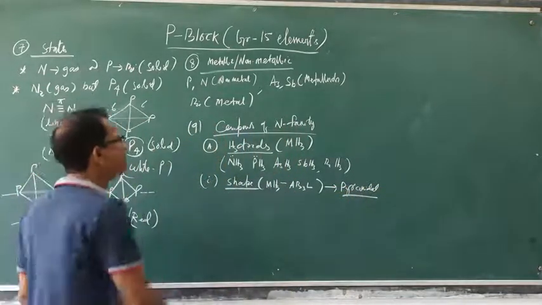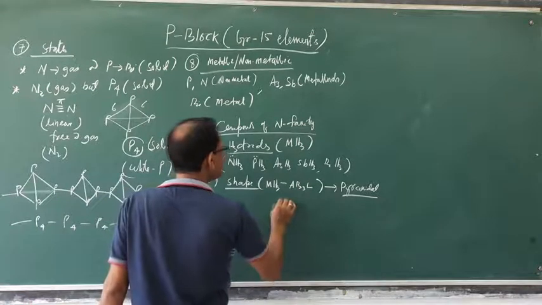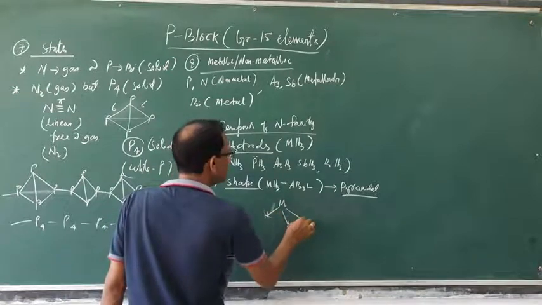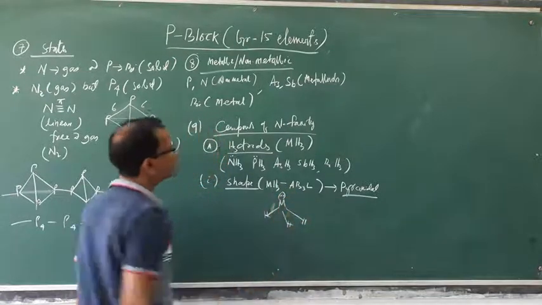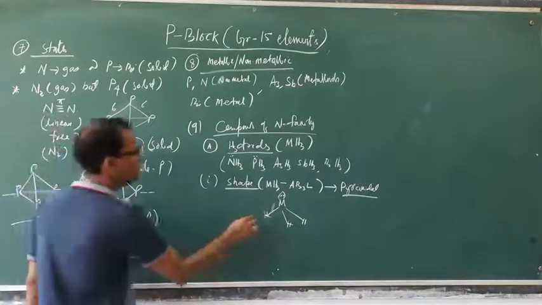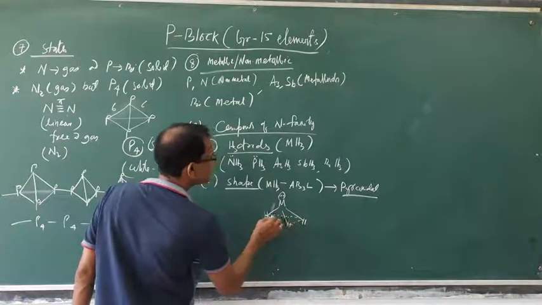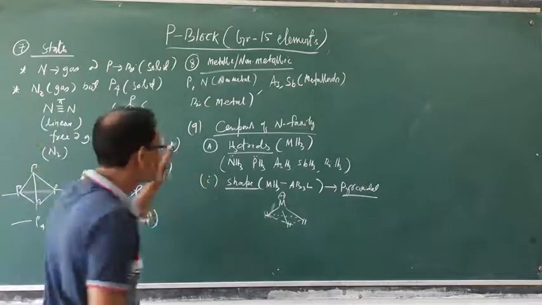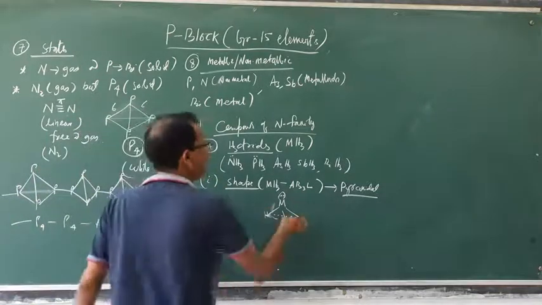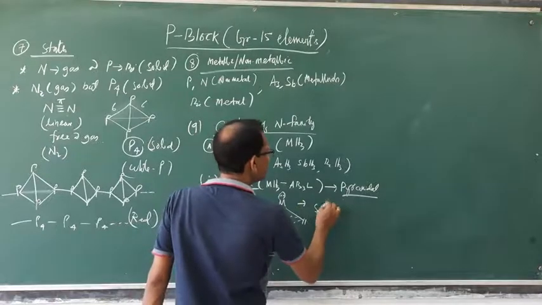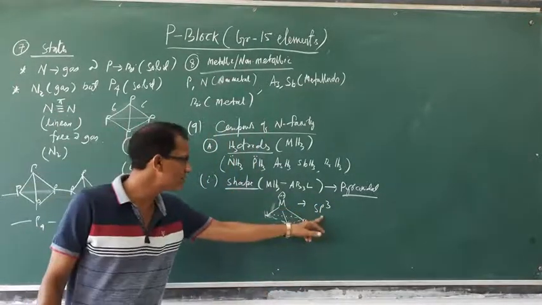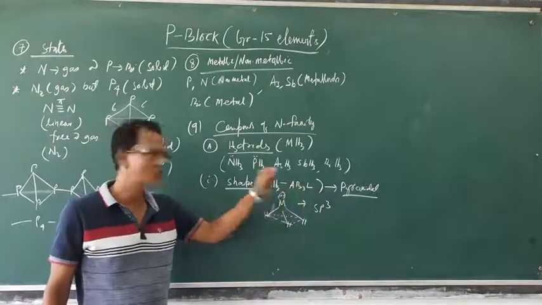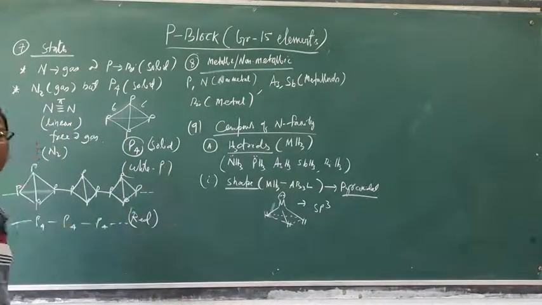Pyramidal shape means you can draw this as the central atom, then 3 hydrogens will be like this, and one lone pair. So this is the pyramidal shape of the nitrogen ammonia molecule, and all have a pyramidal shape. The shape is pyramidal and the hybridization is sp3. All have sp3 hybridization, pyramidal shape and the AB3L system for the hydrides.